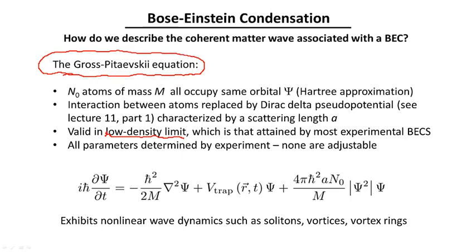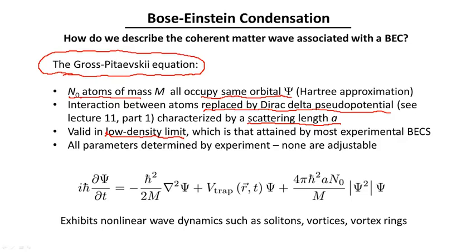So this equation describes a framework in which all the atoms in the gas are said to be characterized by the same wave function psi, or orbital psi you might call it. The two-body interaction between a given pair of atoms is represented by a Dirac delta pseudopotential, the type that was discussed in a previous lecture, characterized by the scattering length, which is a proxy for the full two-body interaction potential in a limited energy range near zero energy.